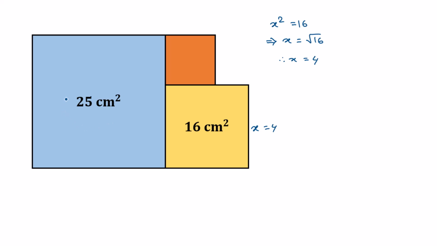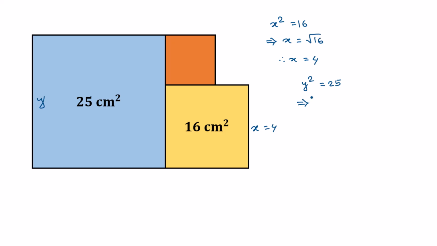Again, consider the side length of this blue square is y, and the area of this square will be y square unit, and we have given the area as 25 square centimeter. So we can write y square, the area of this blue square, is 25.